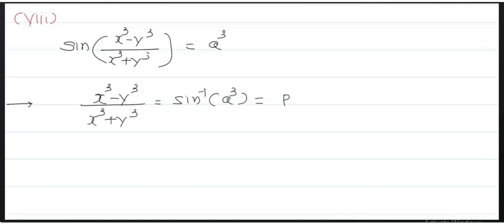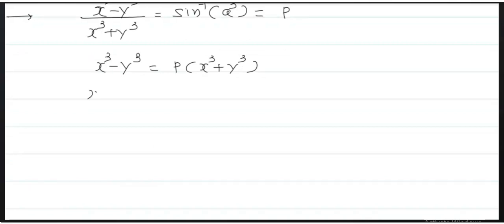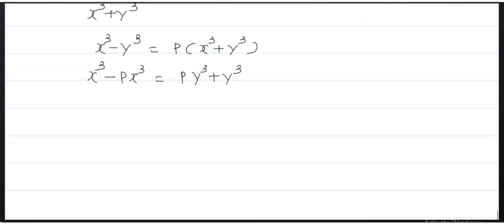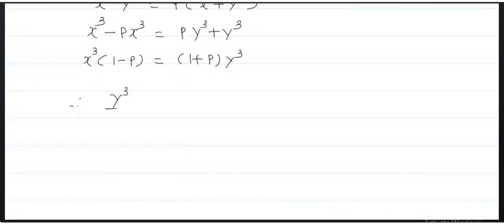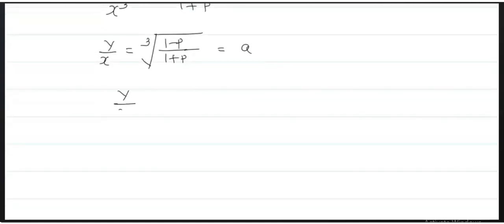Therefore, (x cube minus y cube) upon (x cube plus y cube) is equal to sine inverse of a cube, which is equal to p. Cross multiplication. Collect the terms. Y cube upon x cube is equal to (1 minus p) upon (1 plus p). Take cube root on both sides. That is cube root of (1 minus p) upon (1 plus p), that is equal to a.